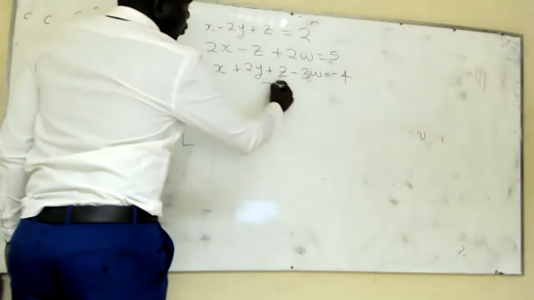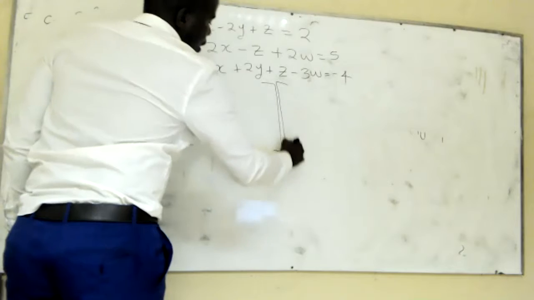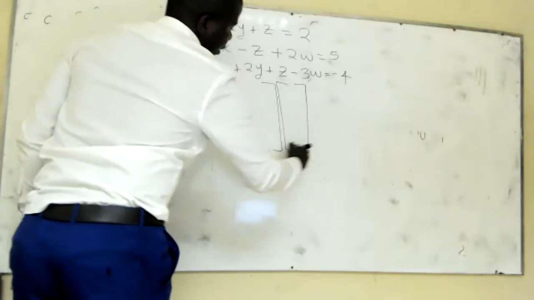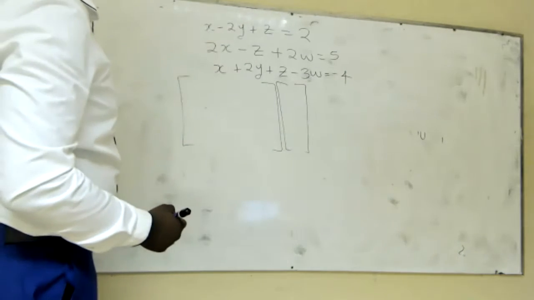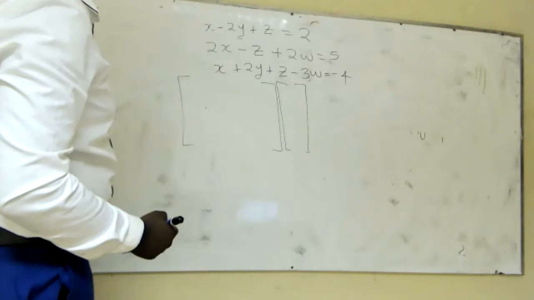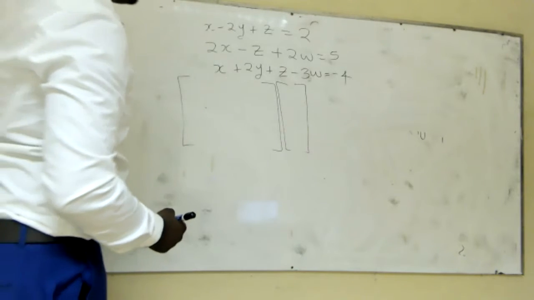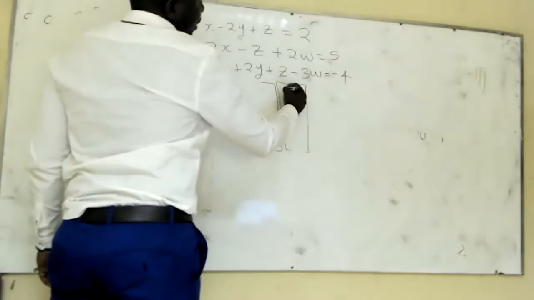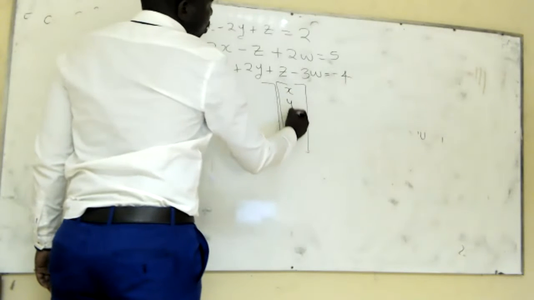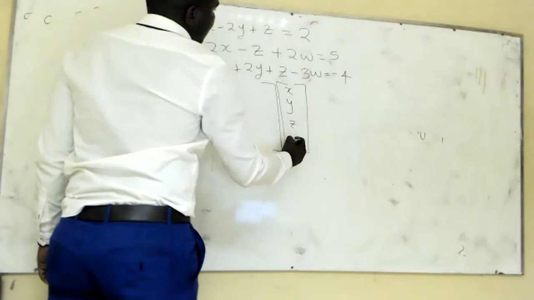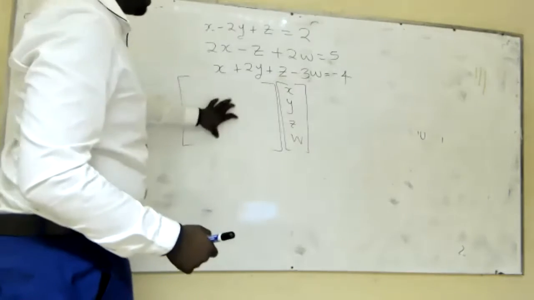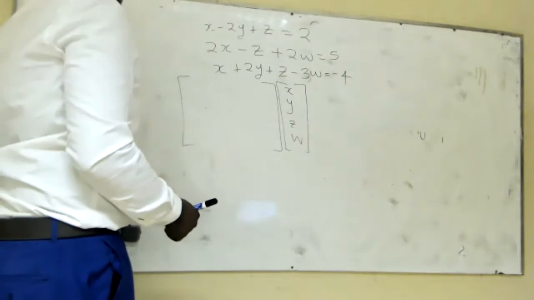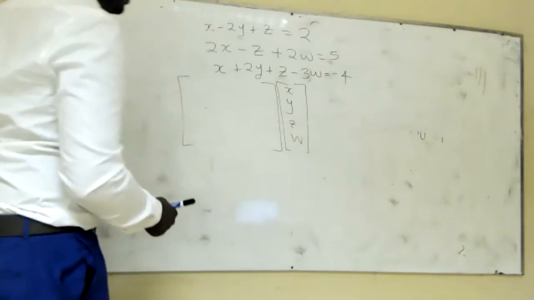The first thing we can do is to provide the matrix equation for this system that we have there. The matrix equation is going to be given by x, y, z, and then w. That is the vector.